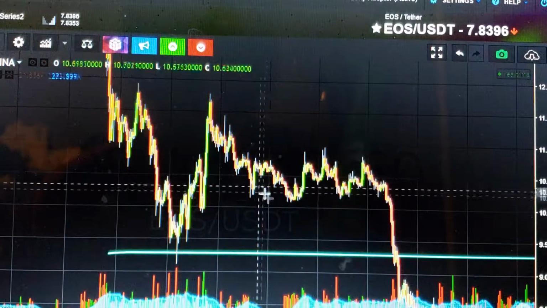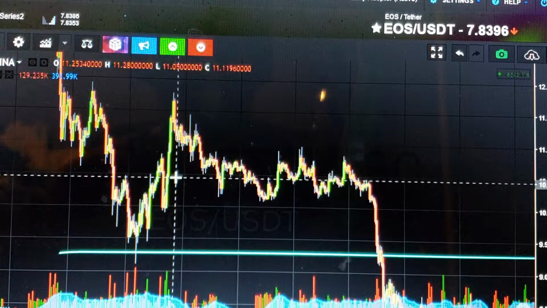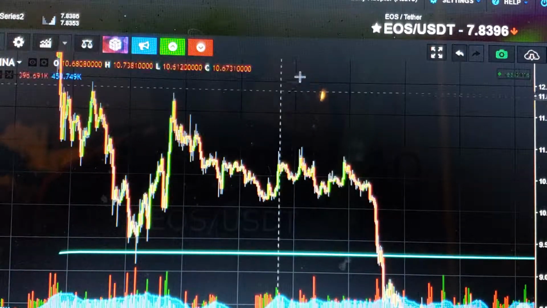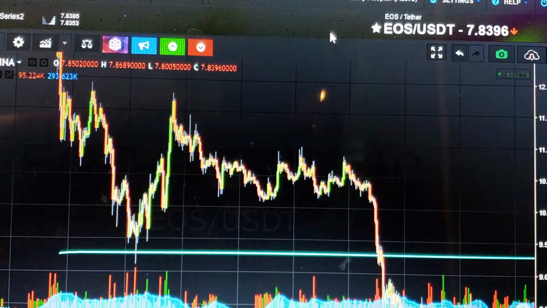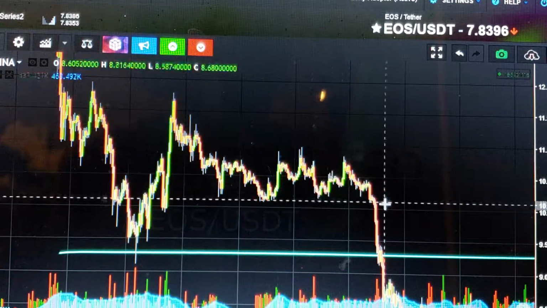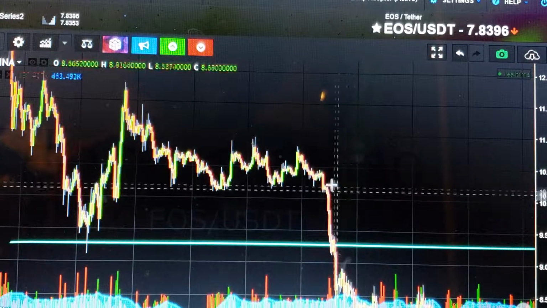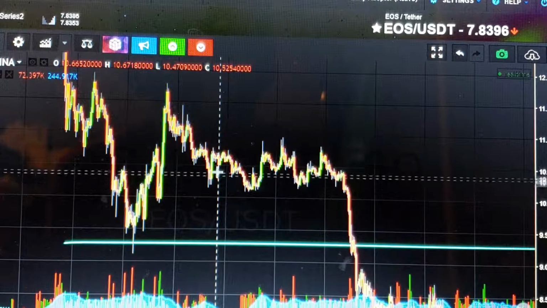So if you play all this just right, you can accumulate all that free coin. So when it does go up and set a new all-time high, you're looking at a huge payday, right? Because we've been accumulating all this stuff in between like $10 to $6 every time we get one of these base cracks.